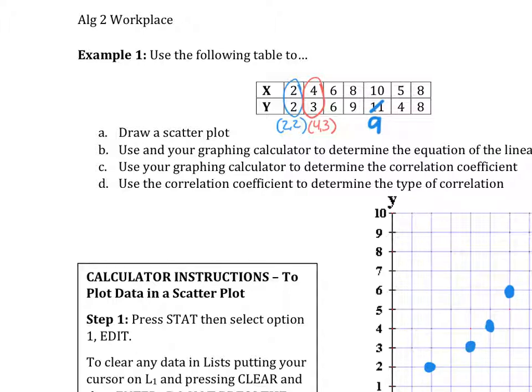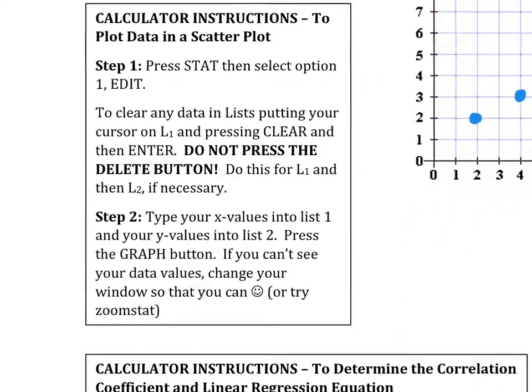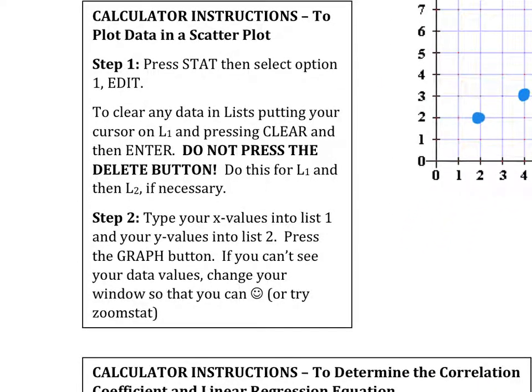When you get to the bottom of your list, make sure that you have the same number of data values in each list, that you didn't skip anything. Okay, then you're going to hit the graph button. If nothing's showing up on your screen, that's okay.